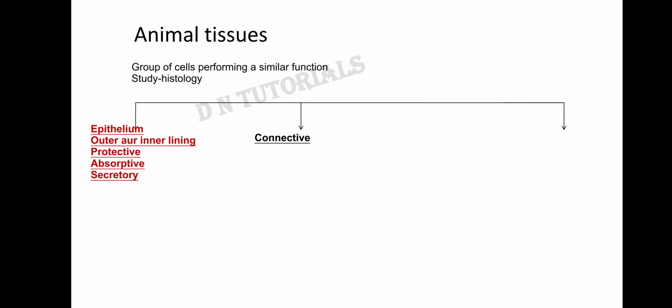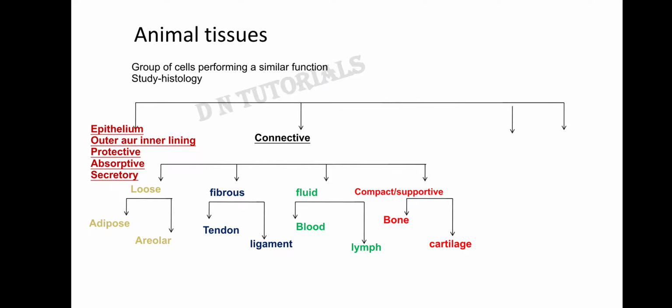The second category is the connective tissue. Connective tissue, as the name tells us, connects the different parts of our body. So it is named connective. Connective tissue is divided into four categories depending on the type of matrix they have, right? And on that matrix the cells are arranged.